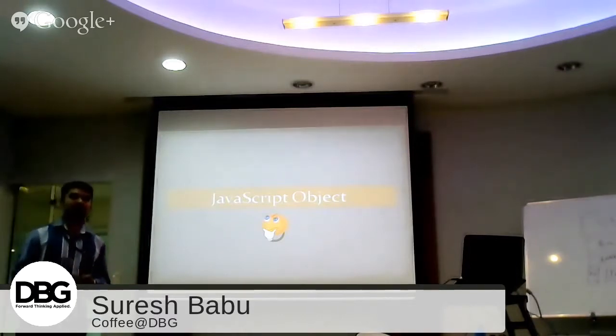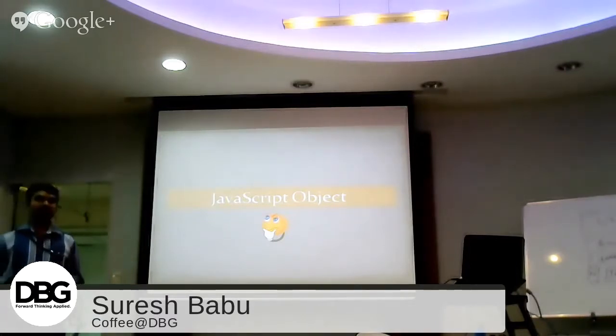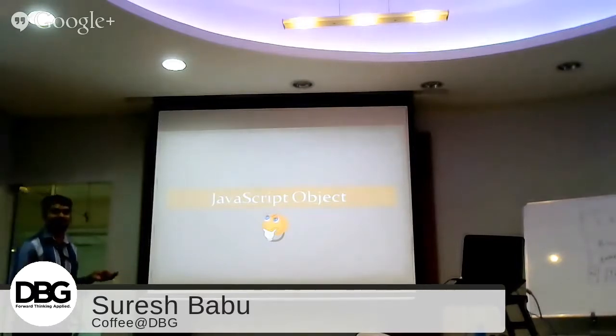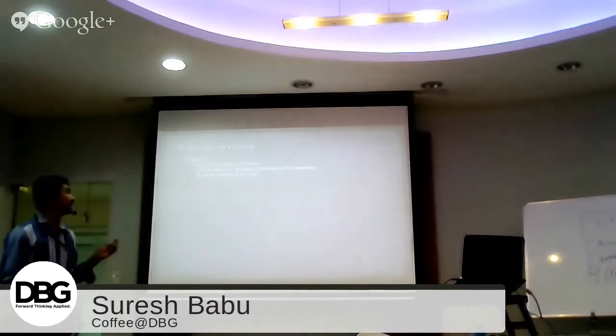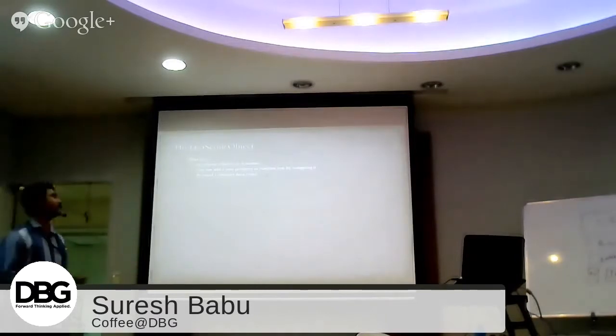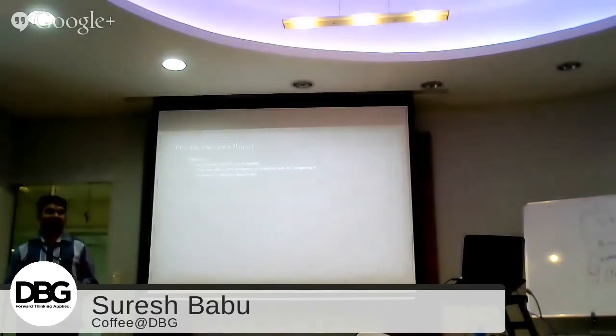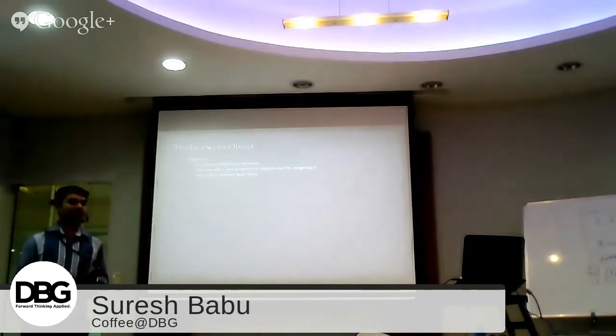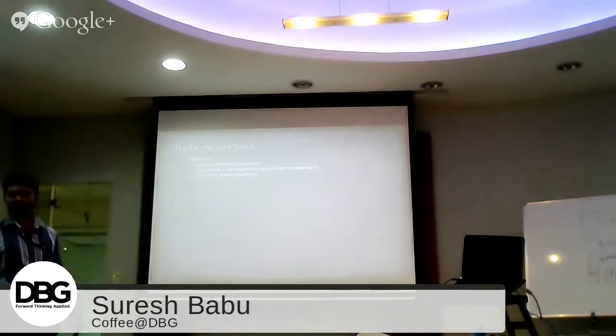We cannot change that. Okay, I got that. That is the beauty of the JavaScript object. In JavaScript, objects are dynamic. Once you create an object, you can modify it as you like. If you want any further methods or properties, that is possible in JavaScript.